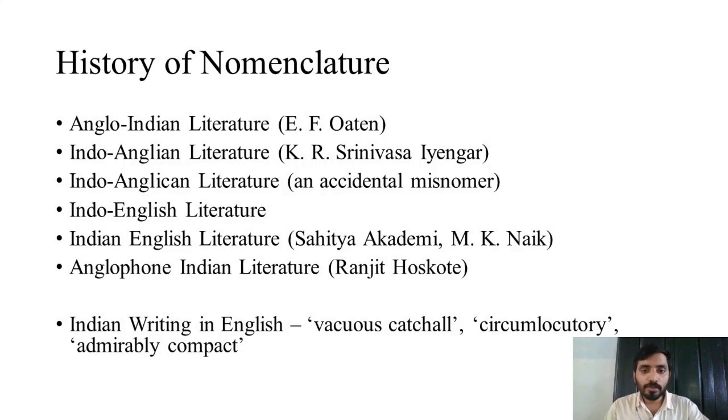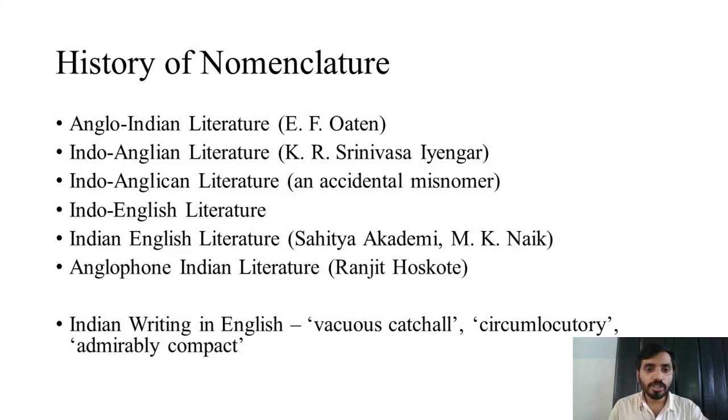Hoskote models this term from Francophone literatures in Africa, Francophone African literature, which means Africans writing in French, because many parts of Africa were French colonies, and if a person of African origin is writing from Africa using the French language, it is called Francophone African literature.